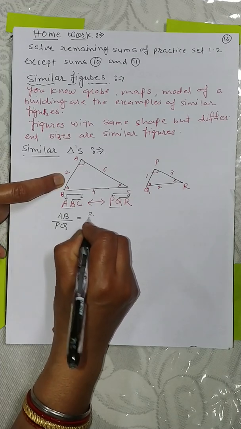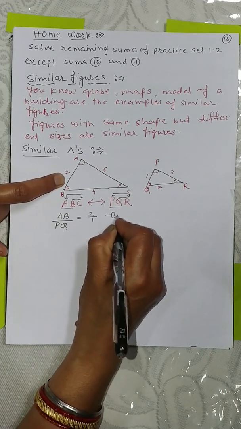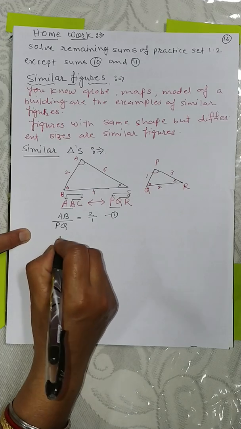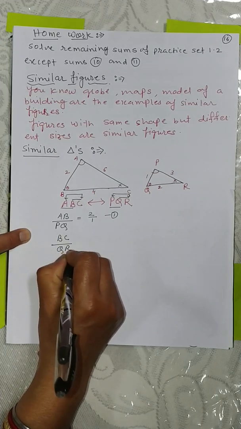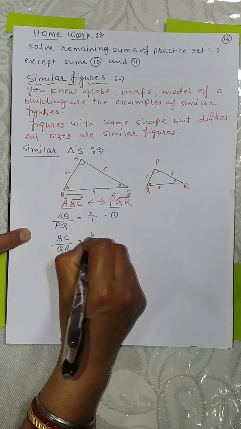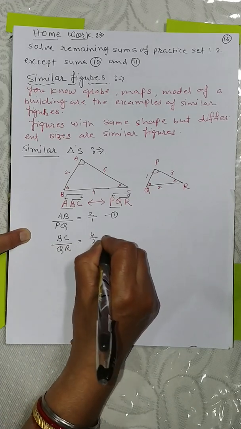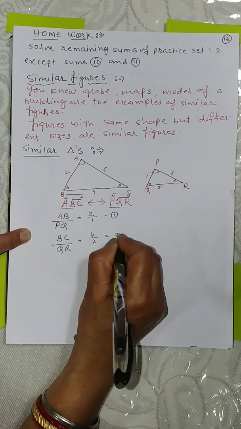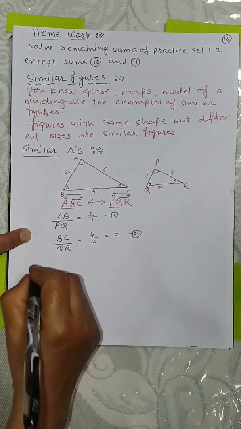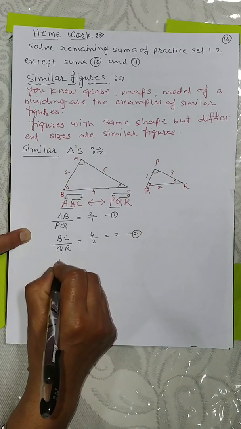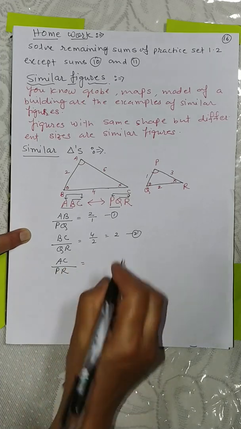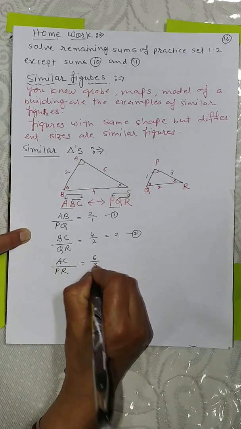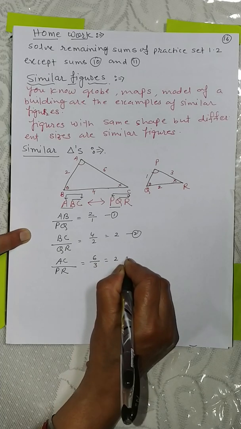So we have to find out the ratio of AB upon PQ. It is 2 upon 1. Suppose this is first. Now we have to find out BC upon QR. BC is 4, QR is 2. So again we get 2. Now AC upon PR. AC is 6, PR is 3, and therefore again we get 2.